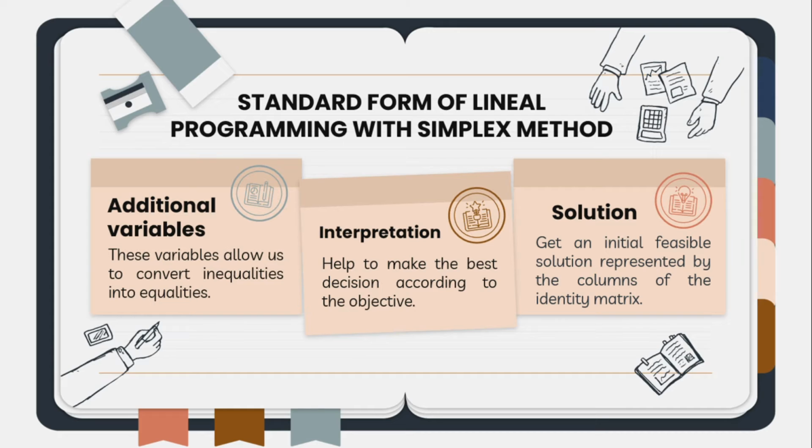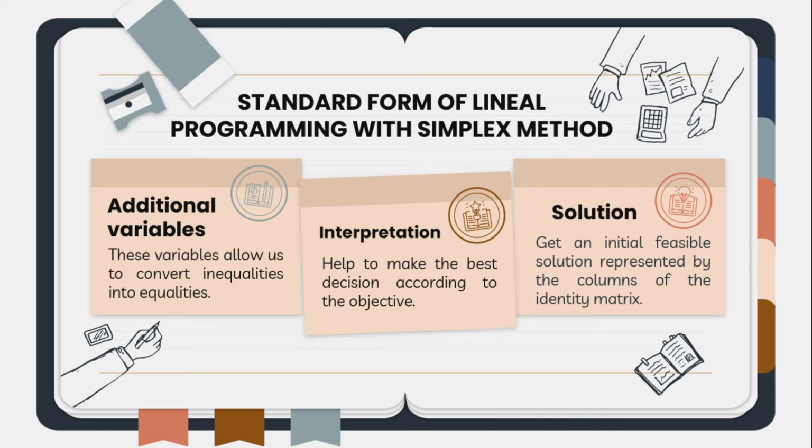Standard form of linear programming with the Simplex method. Three types of additional variables, namely slack variables, surplus variables, and artificial variables, are added in the given linear programming problem to convert it into the standard form for the following reasons. First, these variables allow us to convert inequalities into equalities, thereby converting the given linear programming problem into its standard form.